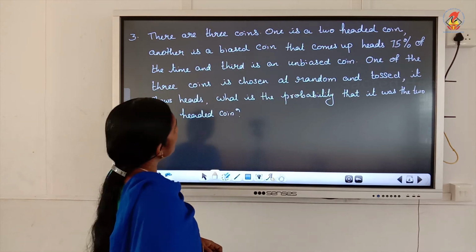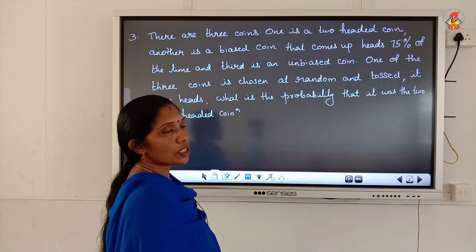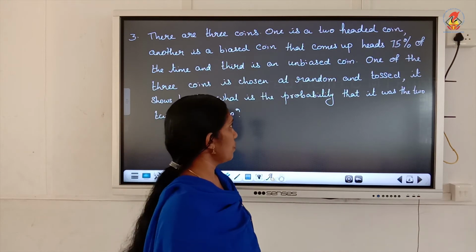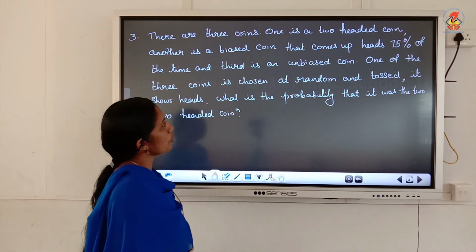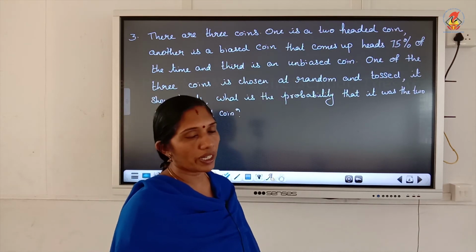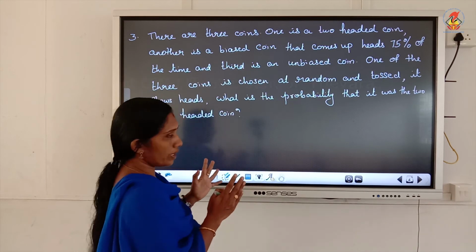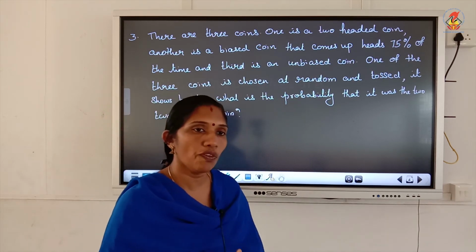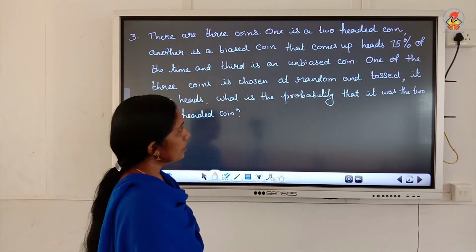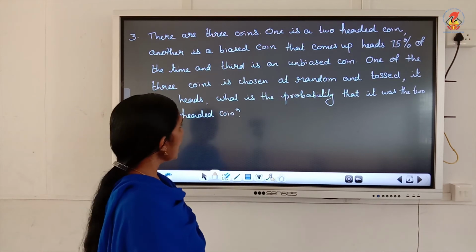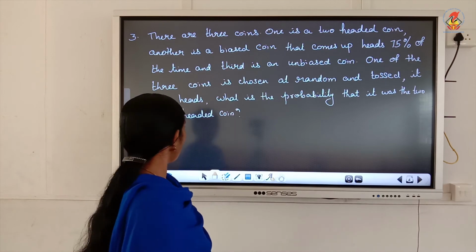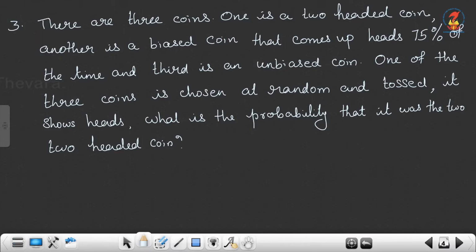And the third is an unbiased coin. So there are 3 coins. One of the 3 coins is chosen at random. So now what is the experiment? We have 3 coins. We have to select one of the coins, then toss the coin. It shows heads. What is the probability that it was the two-headed coin?